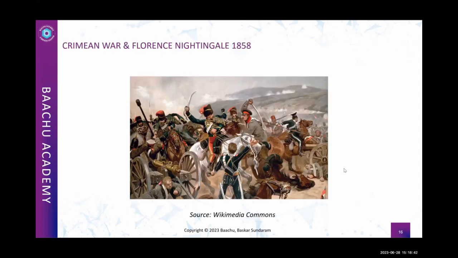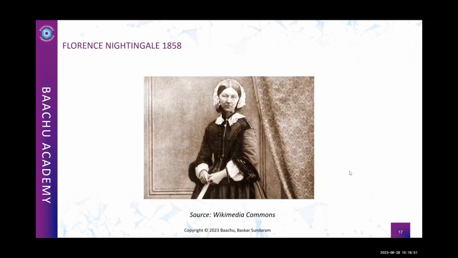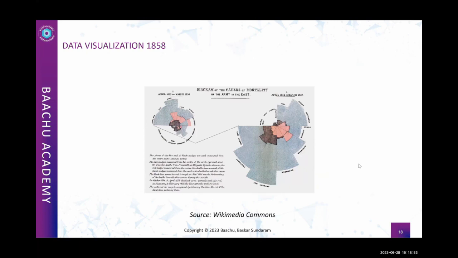And this is Florence Nightingale, around the same time when there was a war. She's a nurse, and she came back with this map. They asked, hey, how many people are dying?